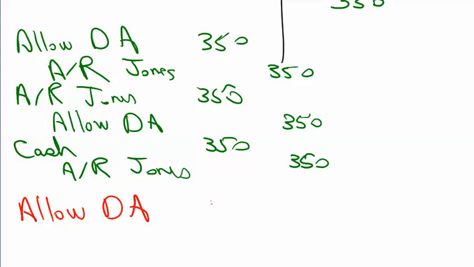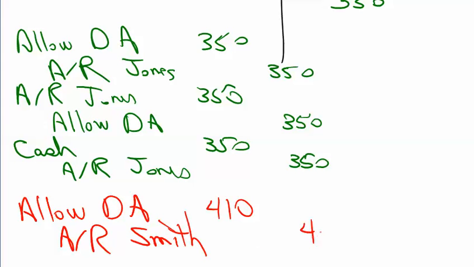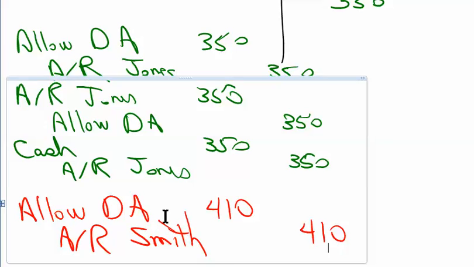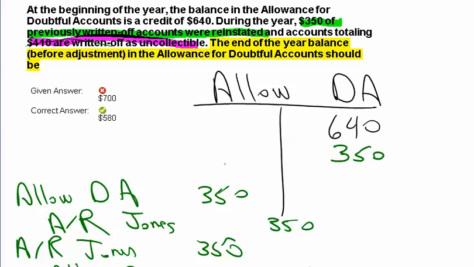That was $410. And we credited our accounts receivable for Smith, that's the person who couldn't pay us, for $410. And so the journal entry, we would have a debit for $410.